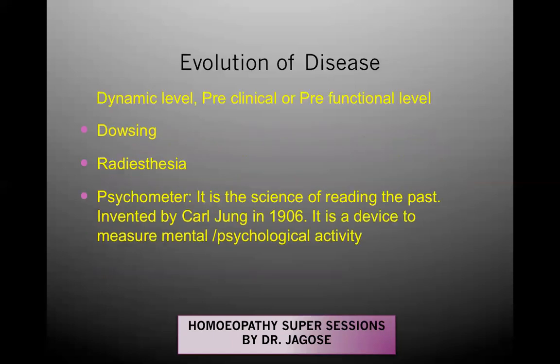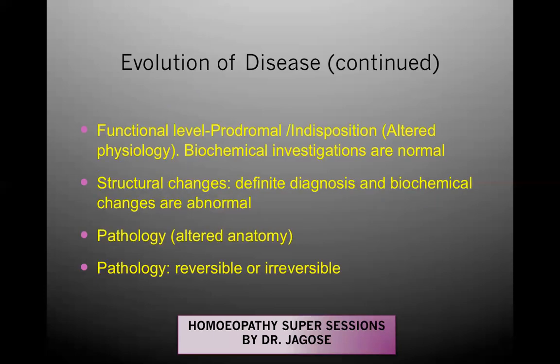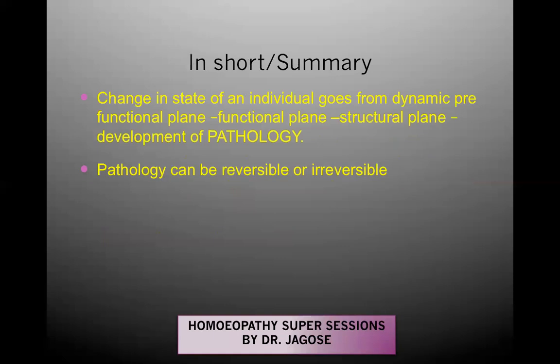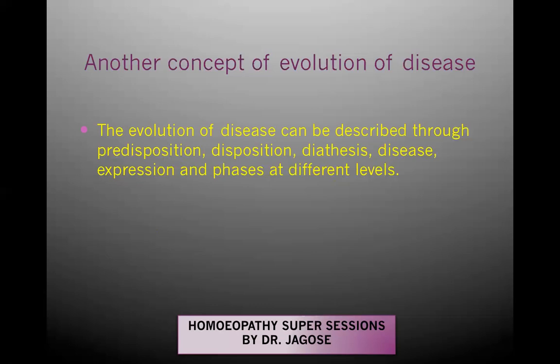So therefore, the disease evolves from the dynamic level to the functional level to the structural level and the pathological level. So as I told you, it goes from the dynamic pre-functional plane to the functional plane to the structural plane and development of pathology. Pathology in itself could be reversible or irreversible. Well, this is one concept of the evolution of the disease.